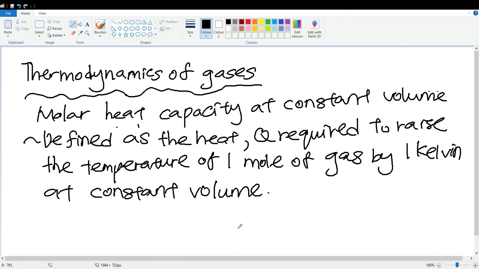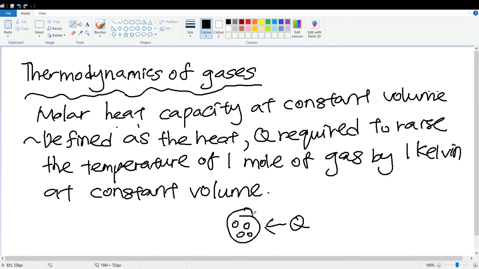Let's say I have a container, and there is gas inside the container. Let's say I apply heat to this container.